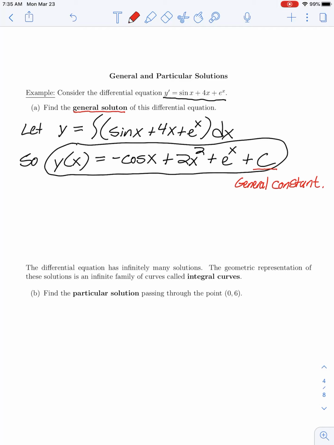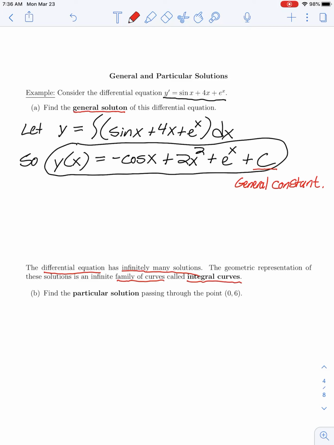So this differential equation has infinitely many solutions because there are infinitely many choices for this constant c. Now, if we think about graphing our general solution for different constant c, we get a geometric representation of our solutions as a family of curves, which are called integral curves.